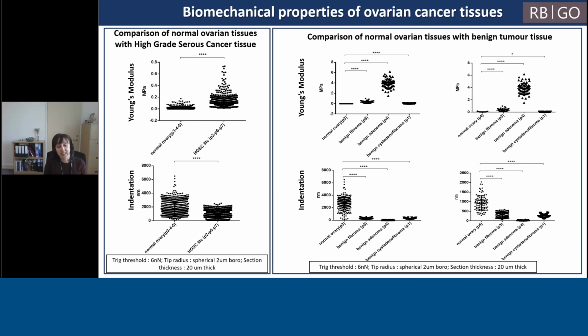We also compared different types of ovarian tumours, where we could see that the Young's modulus depends on what tumour type we are examining. However, all tumour types were significantly higher in Young's modulus when compared to the normal ovarian tissue.